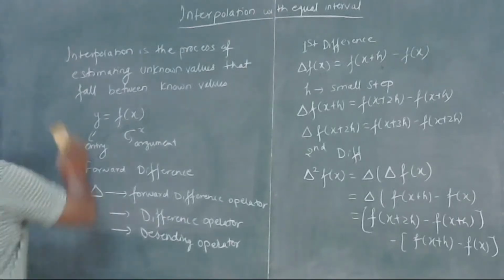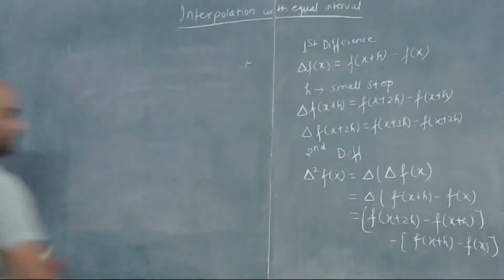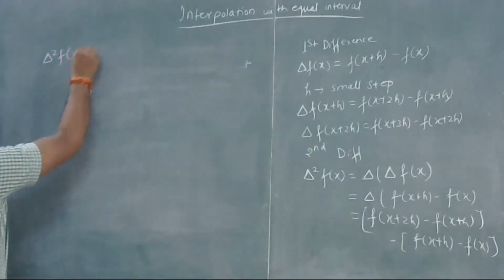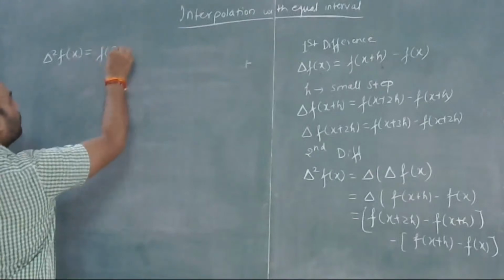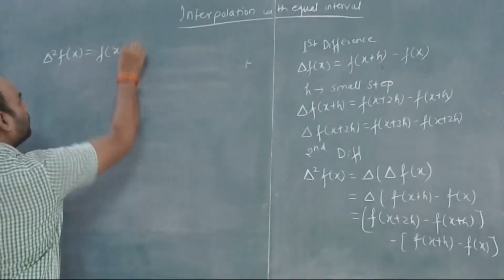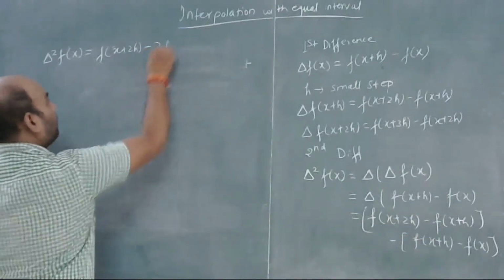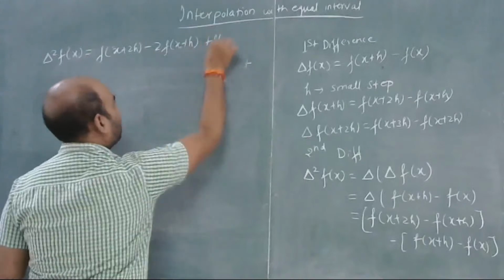Next, del square f of x will be equal to f of x plus 2h minus 2 f of x plus h plus f of x.